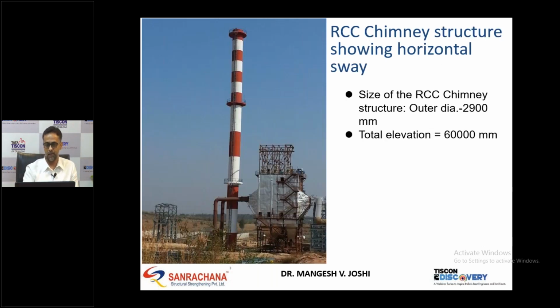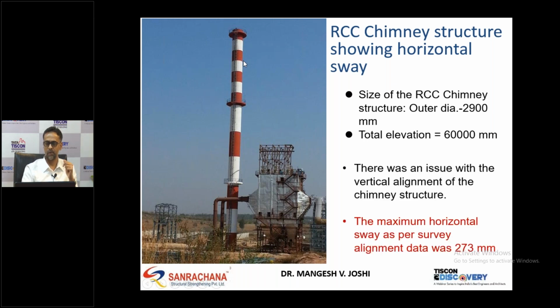Then this is for a chimney somewhere in the south. You can see this chimney, and its height was around 60 meters, and outer diameter was 3 meters. You cannot make it out with naked eyes, but the chimney had swayed almost 273 mm while casting, and this eccentricity put the structural stability in doubt.